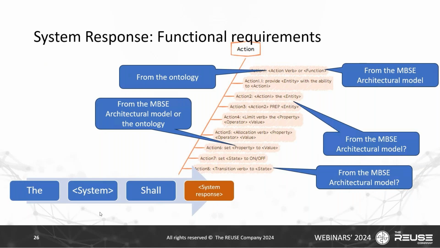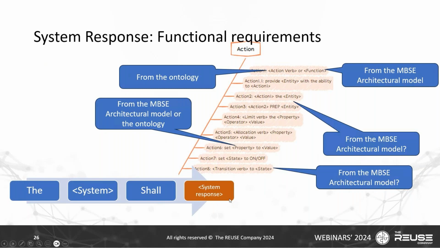That is why we have established up to eight different possibilities for the system response, like just taking the name of a verb from the ontology, or the name of a function from your modeling tool. So this is one option, just to have a verb or the name of a function as the system response, right?